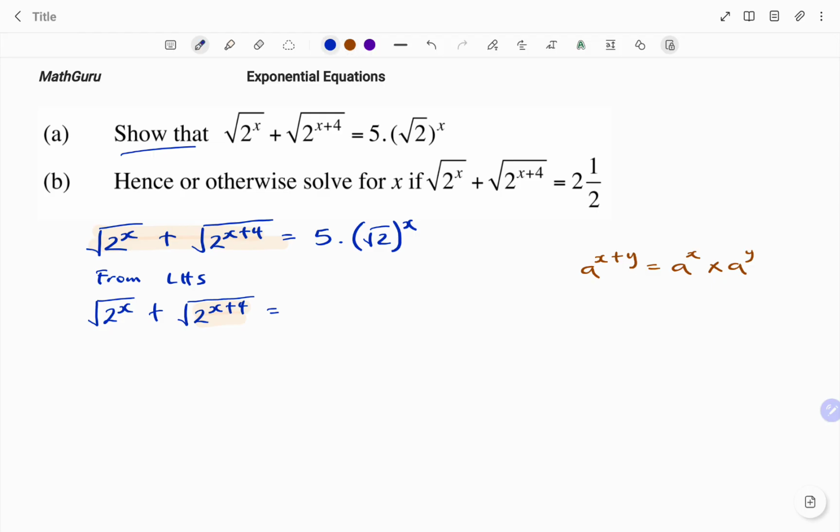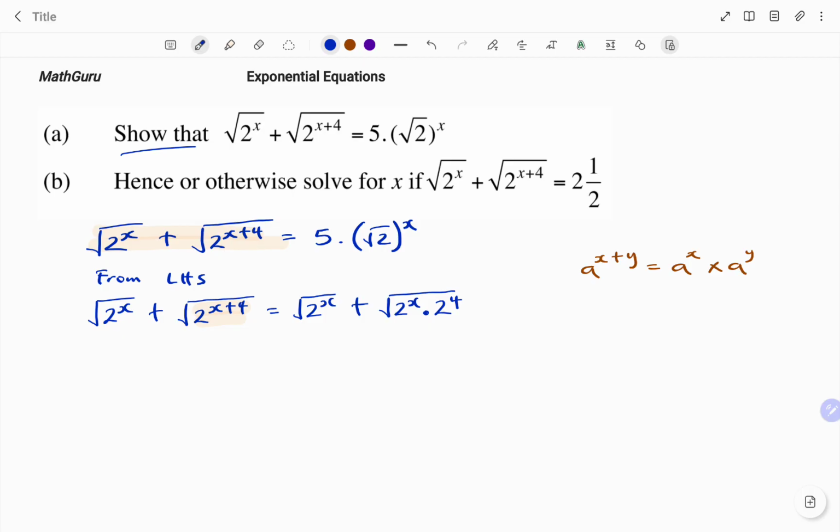So therefore, I have that as the root of 2 to the power of x plus the square root of 2 to the power of x times, my dot means multiplication, 2 to the power of 4.